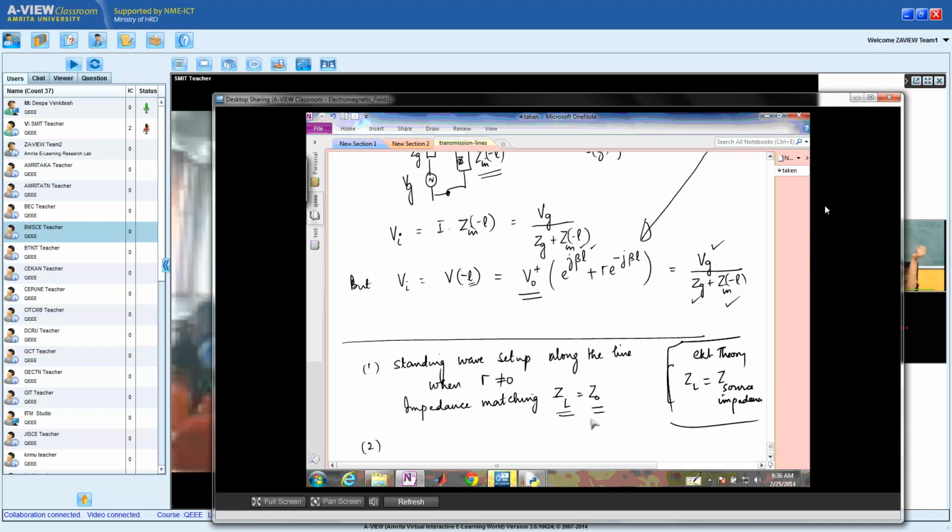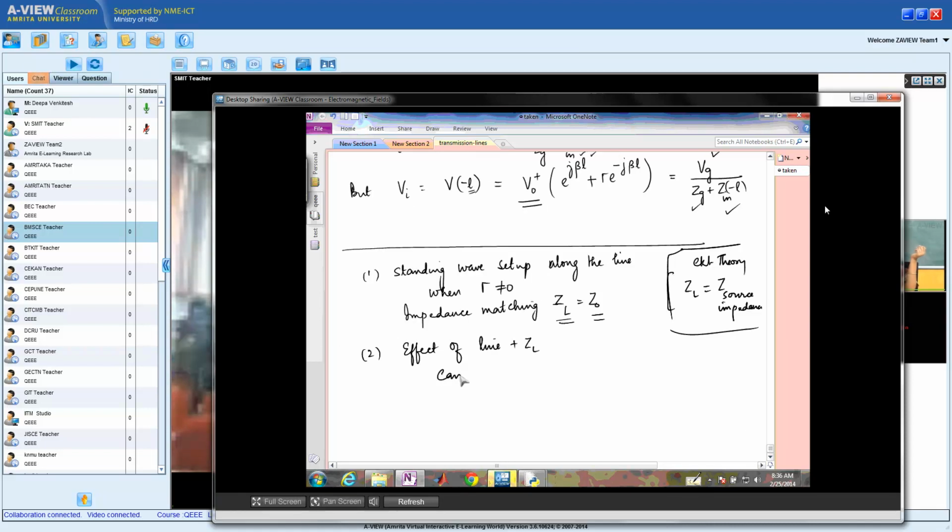The second thing is that the effect of line plus ZL can be represented as an equivalent impedance Zin, which is equal to Z0 times whatever we wrote down earlier, Z0 times ZL plus jZ0 tan beta L divided by Z0 plus jZL tan beta L. Alright, this is the take home.